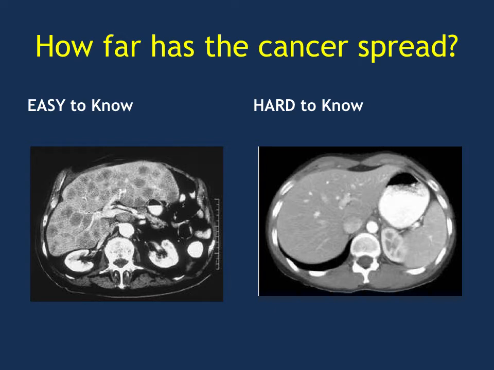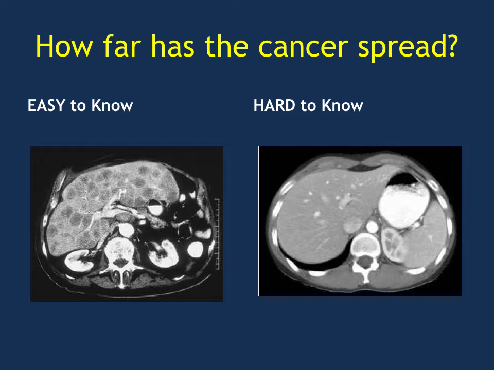So the easiest cases for staging are the ones that have already spread. The person on the left unfortunately has a liver full of lesions, indicating distant metastases from a primary cancer. In this case, you already know that the cancer has spread. There's no mystery with regard to its extent.